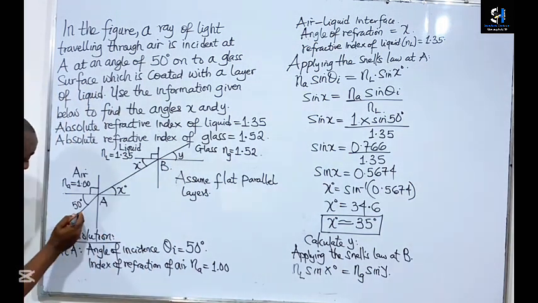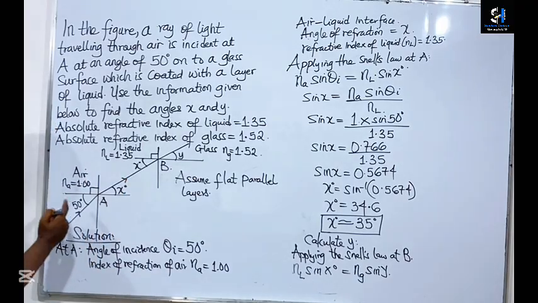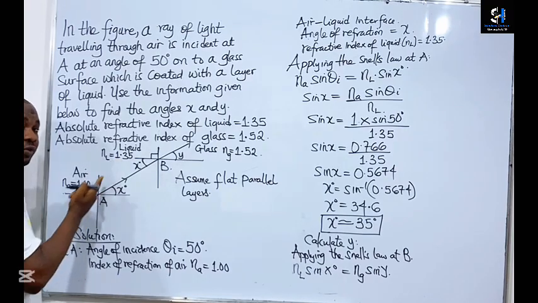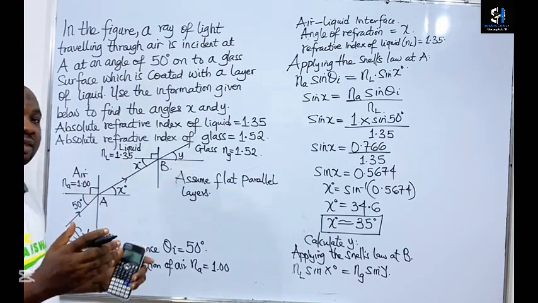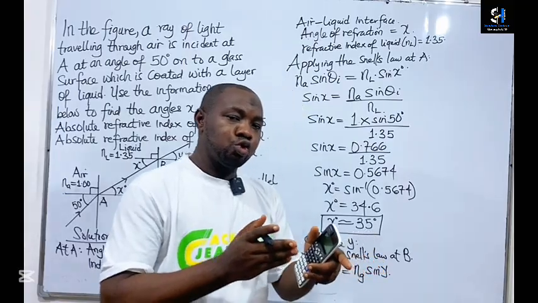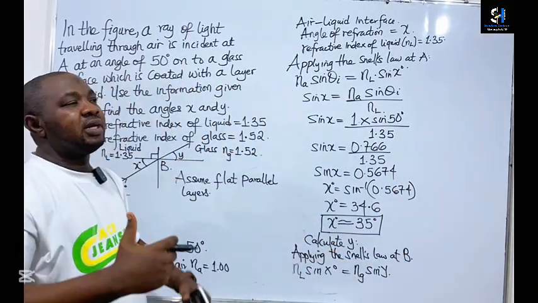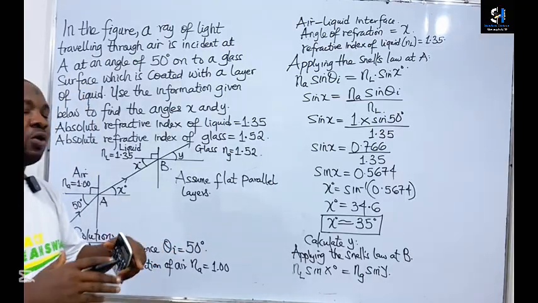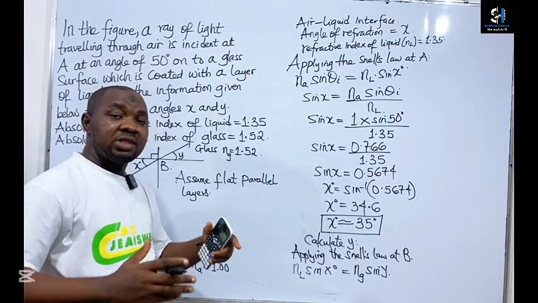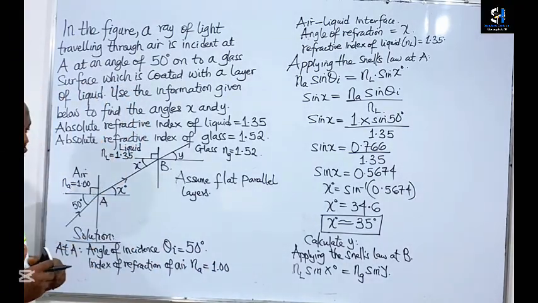Remember, the light passes from air into liquid with refractive index 1.35. Let's not forget that when light is obliquely transmitted through the boundary separating two media with different velocities of light, different optical densities, or different indexes of refraction, we talk about refraction of light.